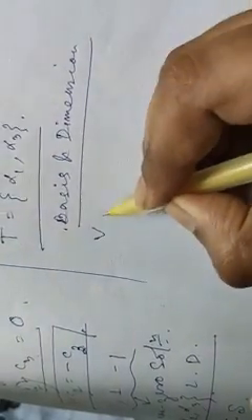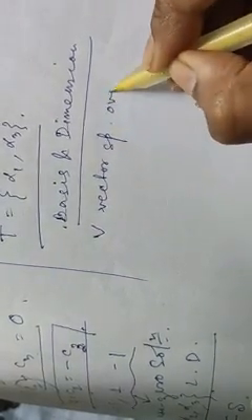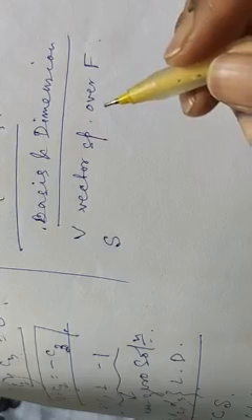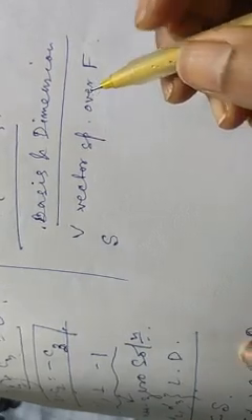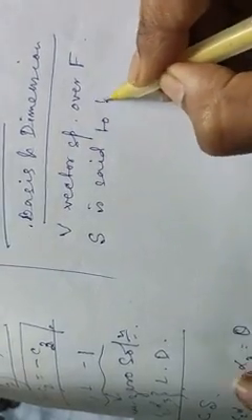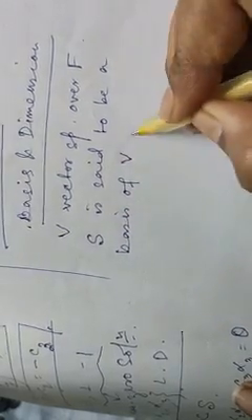Suppose we have a vector space V over a field F. Now a set, suppose S, is said to be a basis of V if it satisfies two conditions.